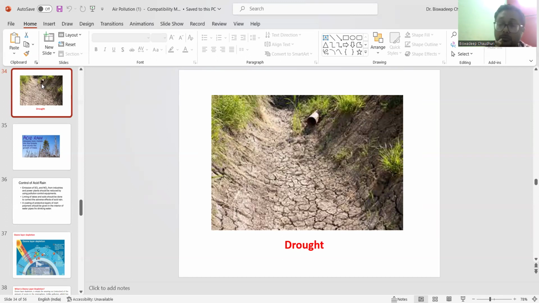Remember, we can survive a couple of days, maybe at least a couple of hours, without food, without water. But can we survive a couple of days or a couple of hours or a couple of minutes without oxygen? No. Even a fraction of a few seconds, we cannot survive without oxygen.